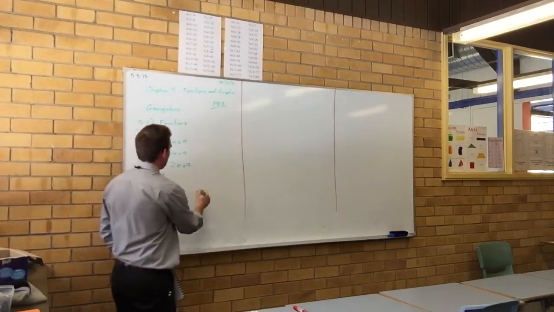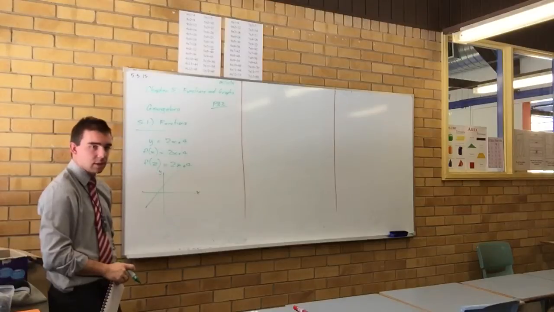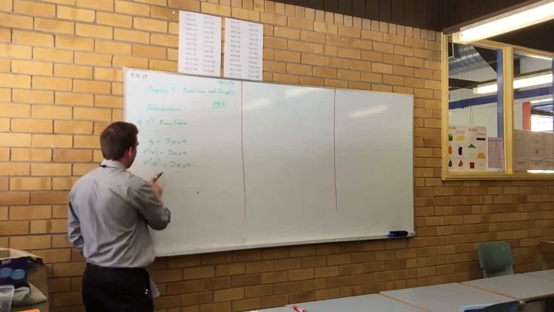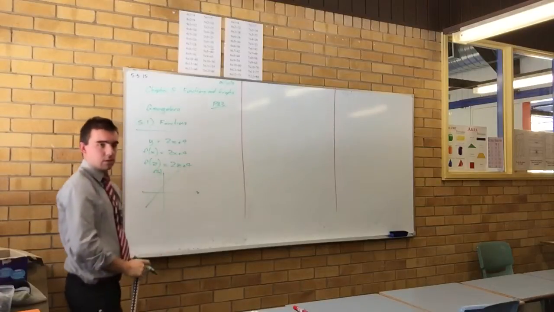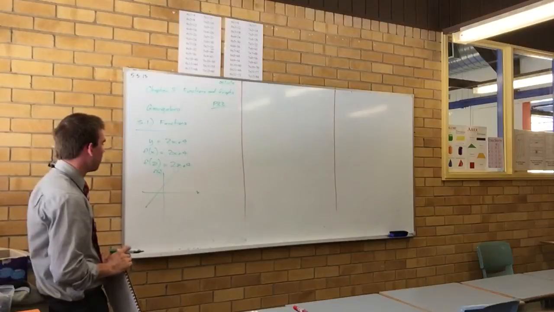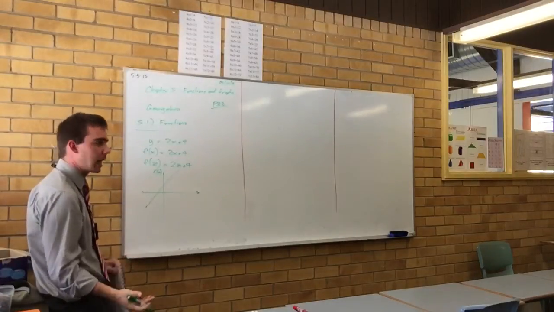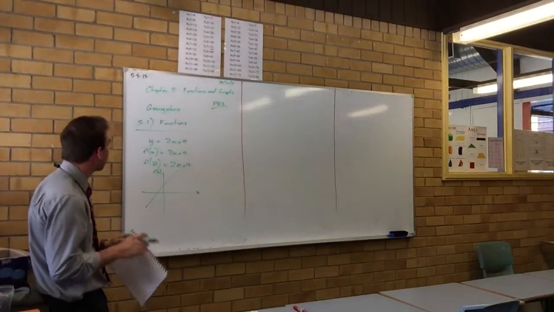We would normally use x and y to label the axes. Now the x will still be there, however, the vertical axis will be labelled f of x. Just a couple of tweaks as we introduce function notation. Any questions so far?